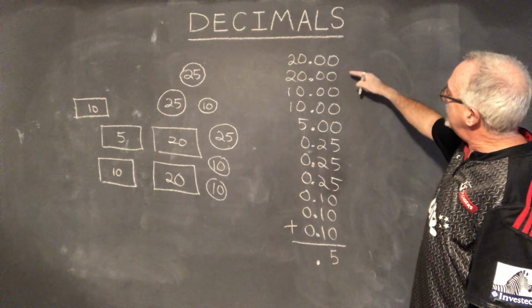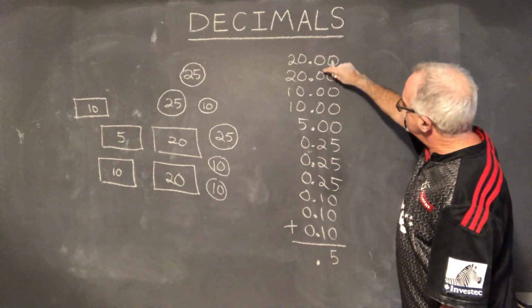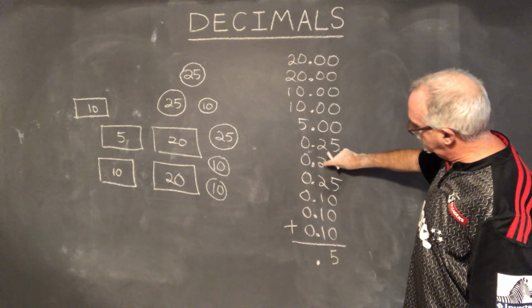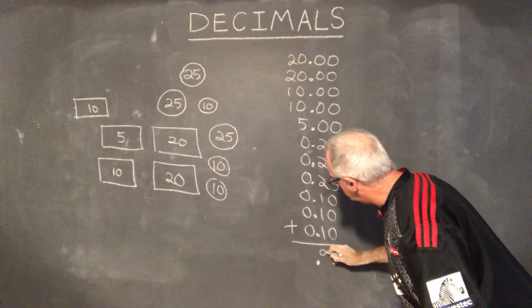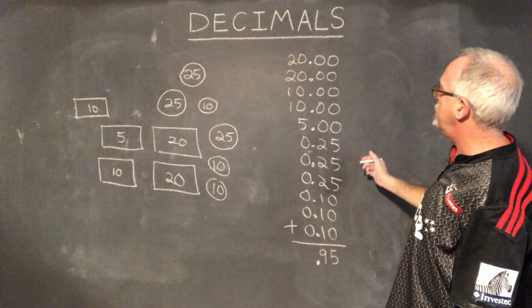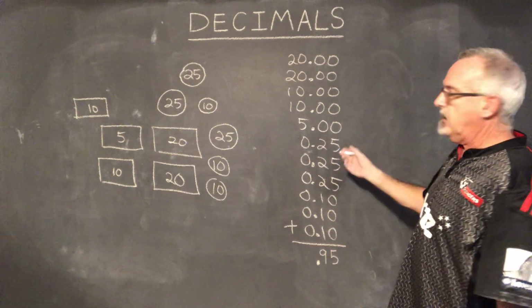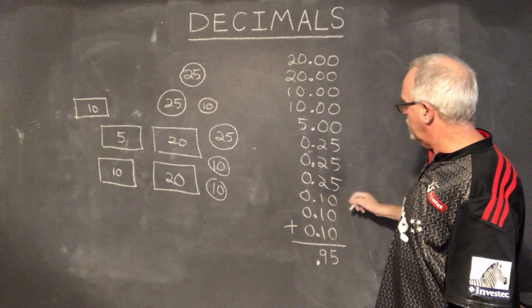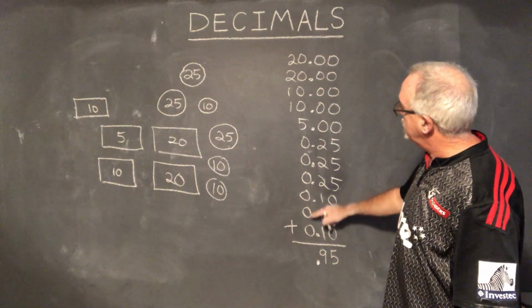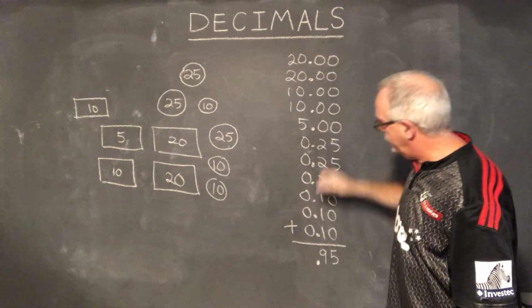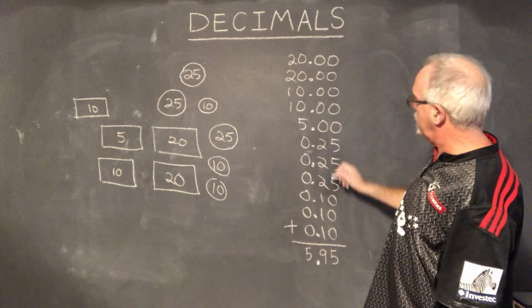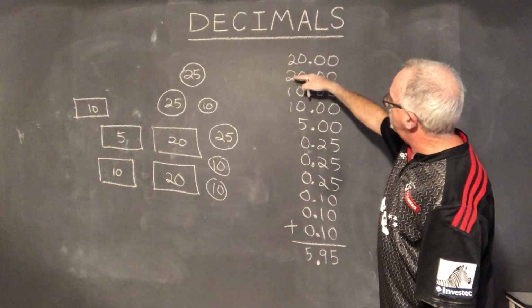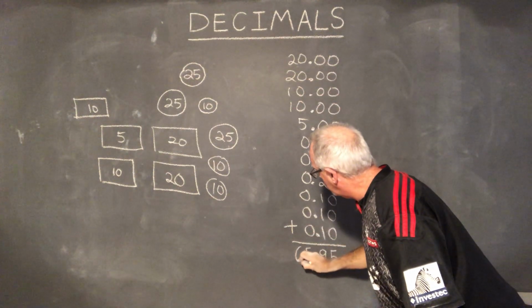Now my tenths position. 0, 0, 0, 0, 0, 0, 2, 4, 6, 7, 8, 9. 9, and I didn't have to carry yet. Maybe, it looks like I might not have to carry at all to do this whole question. Now the ones position. I see all these zeros, but the 1, 5, don't miss that 5. A little bit of a messy looking 5. Finally the tens position, 2, 4, 5, 6. $65.95.